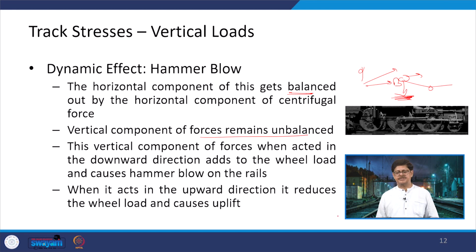More load is coming down; the wheel load along with this particular load is acting downwards. Whereas in another case, an upward condition will happen, and therefore it is going to create a sort of relief. There is a lift which will be caused at that particular location. So, it acts in two different directions depending on the movements of the crankshafts and the coupled systems.